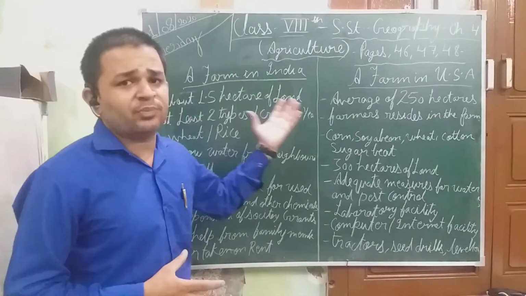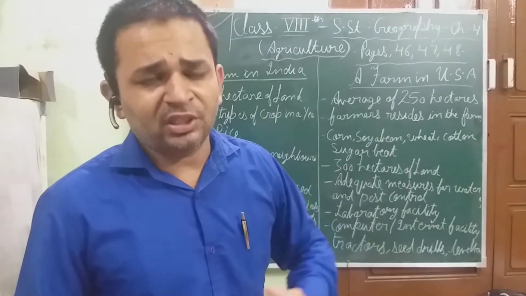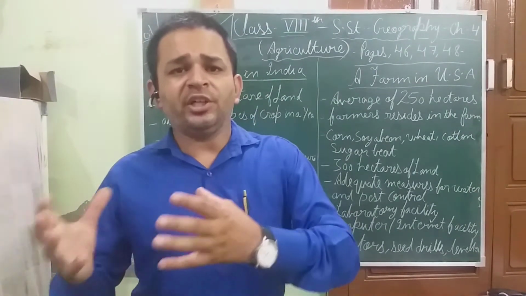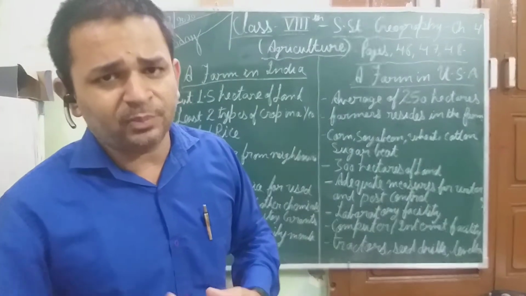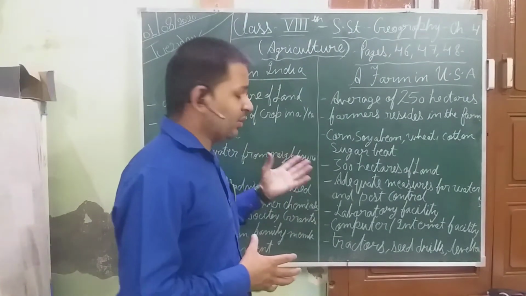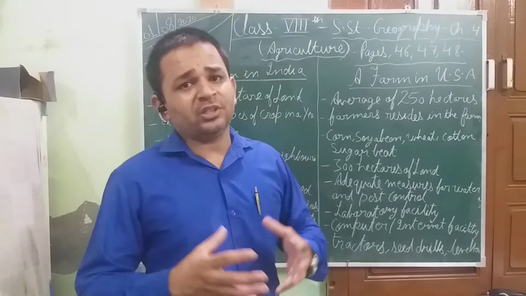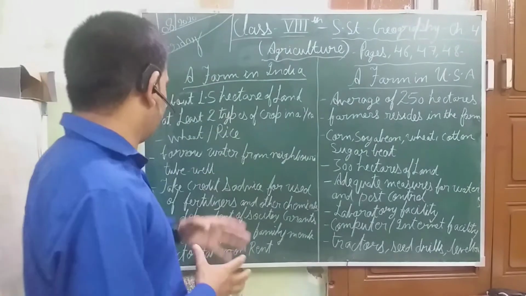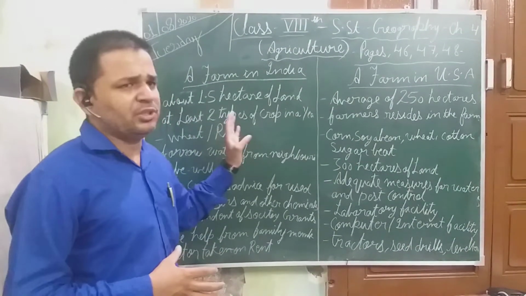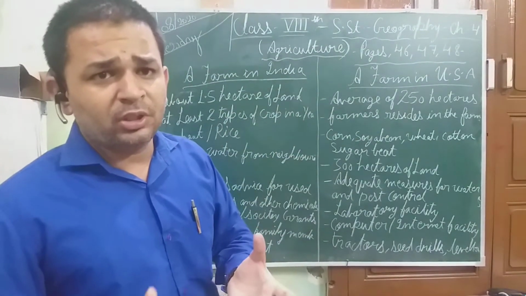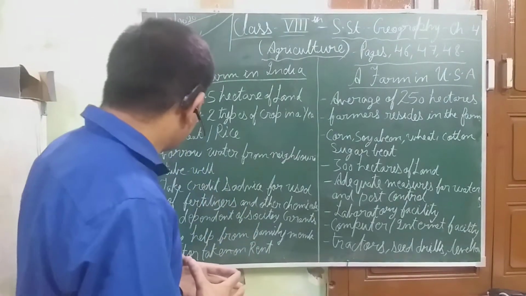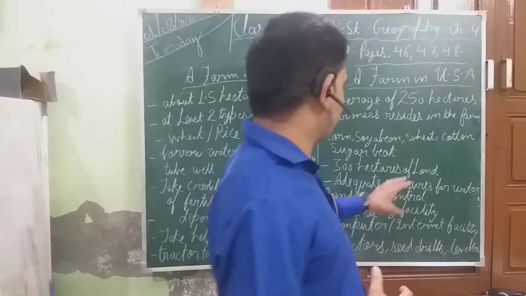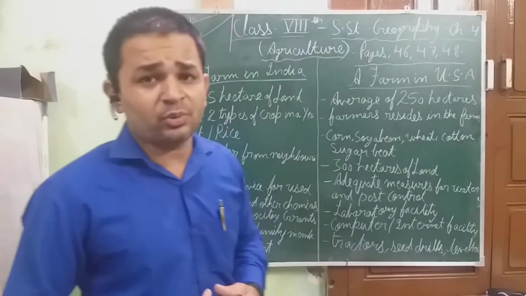If he needs any type of credit or advisors, he is heavily dependent on more educated, more learned people, on the societies, on the other basic facilities provided by the Indian government to the farmers, or he has to take advice from other people of his same type. So water availability is not so smooth and easy. While the farmer of USA has adequate measures for water and for pest control as well.